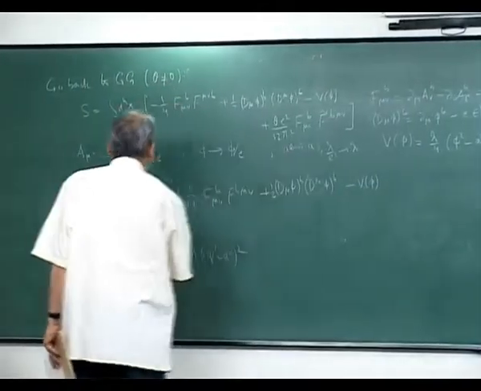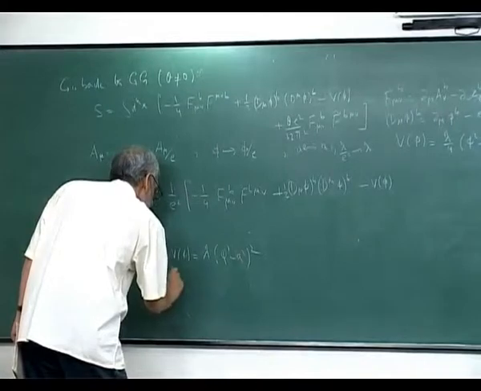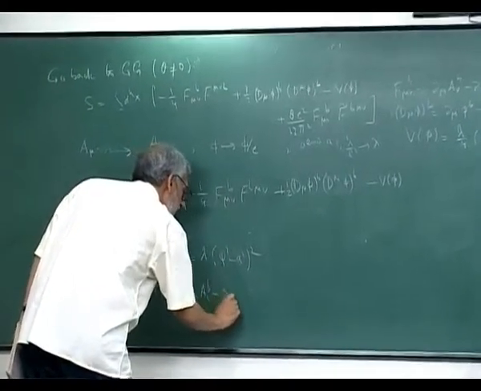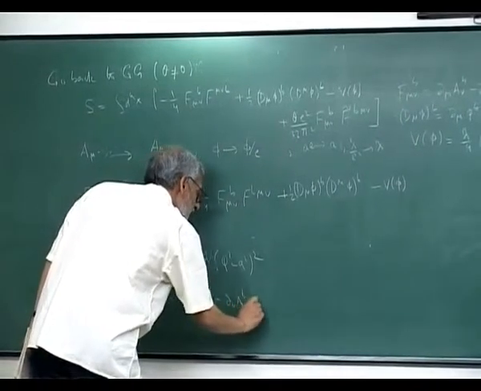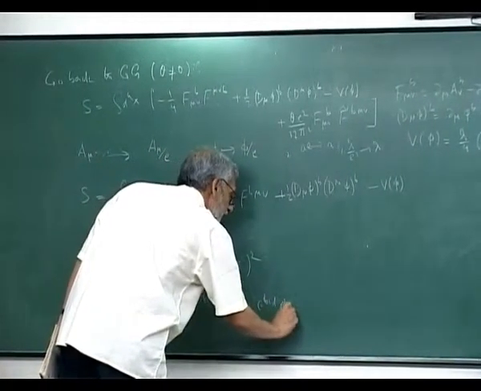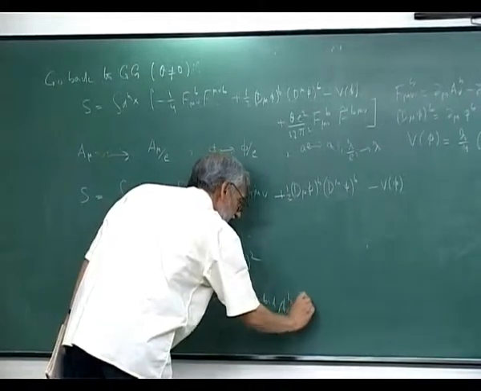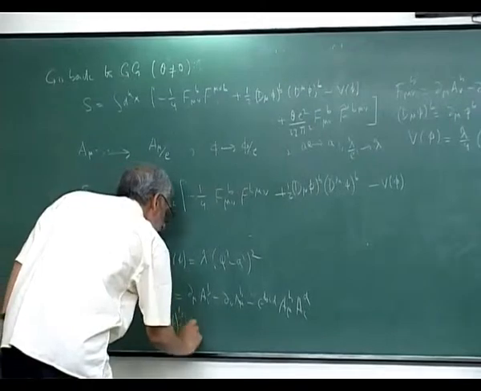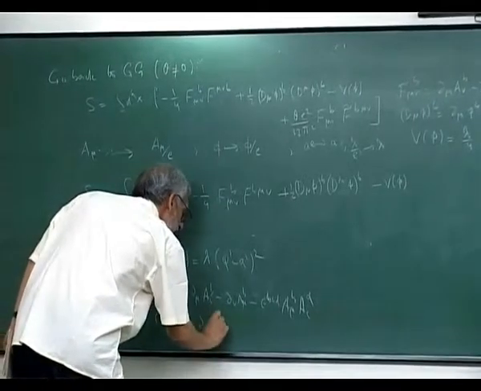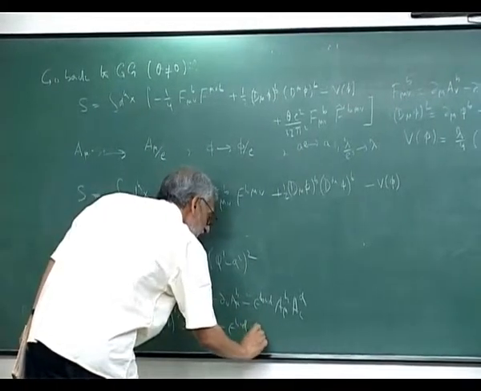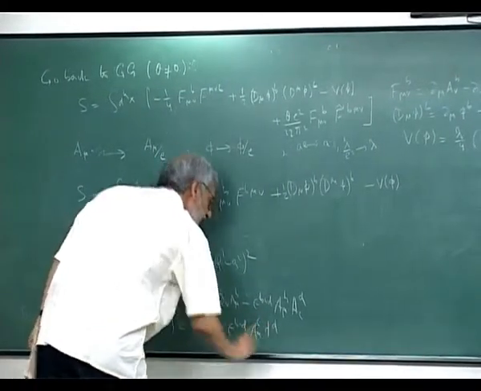And let me also write F_{μν}^b is ∂_μ A_ν^b minus ∂_ν A_μ^b minus ε^{bcd} A_μ^c A_ν^d, and the covariant derivative of φ^b now is ∂_μ φ^b minus ε^{bcd} A_μ^c φ^d.